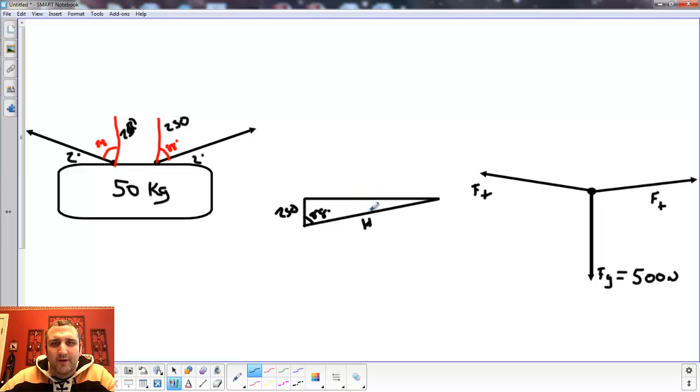And we're looking for the hypotenuse. This is the opposite. This is the adjacent to this angle of 88 degrees. Once again, we're going to have to use cosine because we're using the A and the H. So cosine of the angle, 88 degrees, equals the adjacent, which is 250.